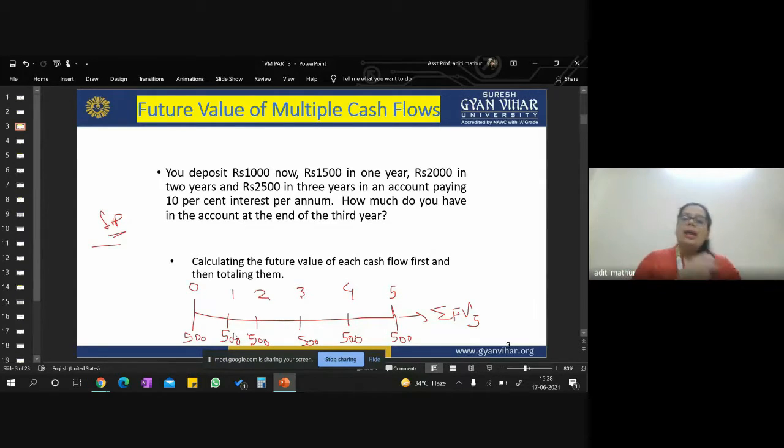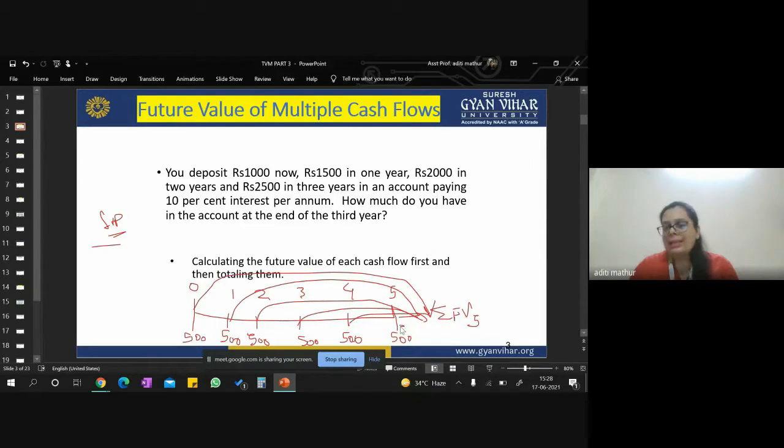That means at present, after 1st year, 2nd year, 3rd year, 4th year, and 5th year. So you will be calculating the future value of each of these amounts, which will be 500 itself.